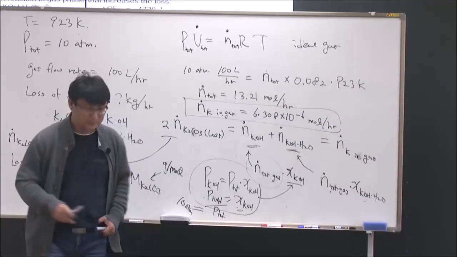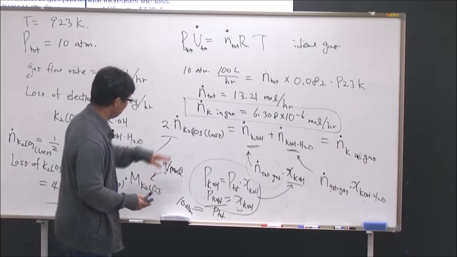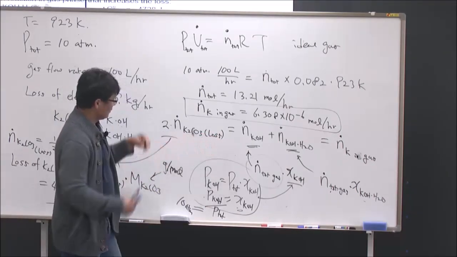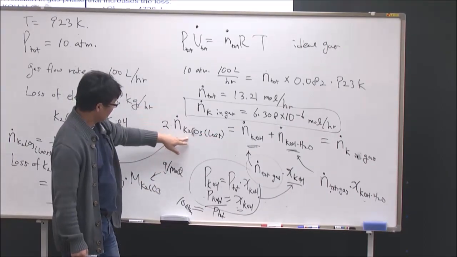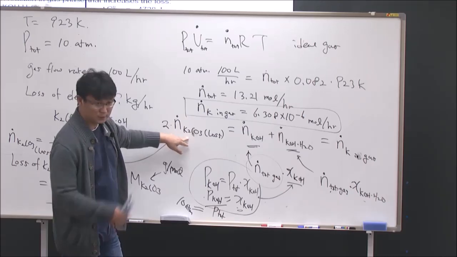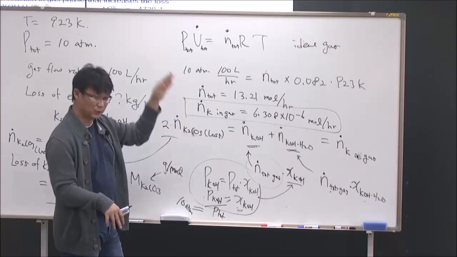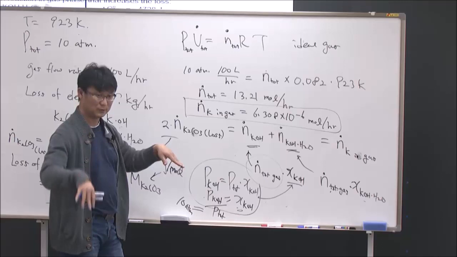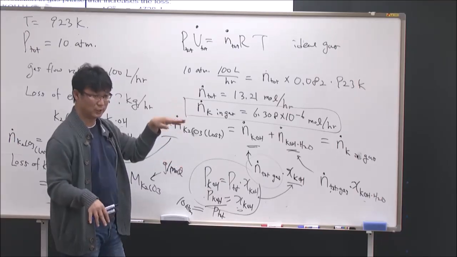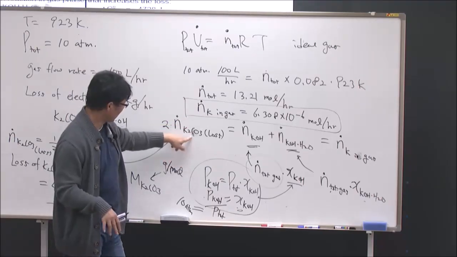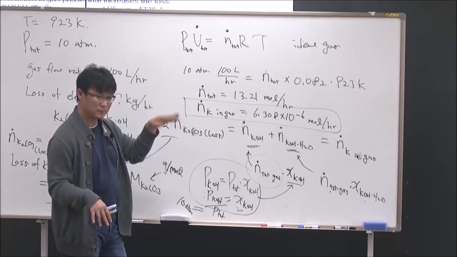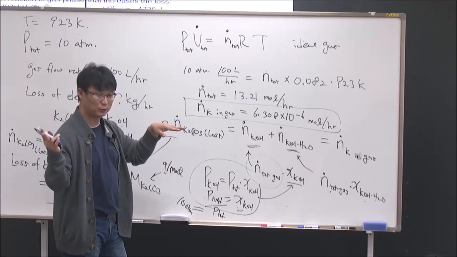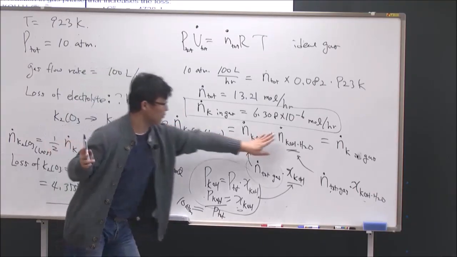Let's think about it again. You have the balance here: I'm losing something and I'm gaining something. If I'm losing 1 mole of K2CO3, it can produce 2 moles of KOH, for example.